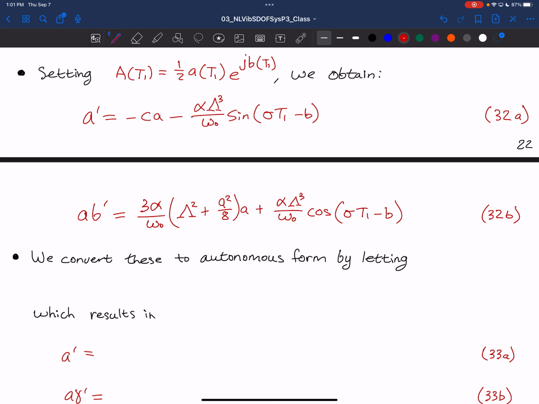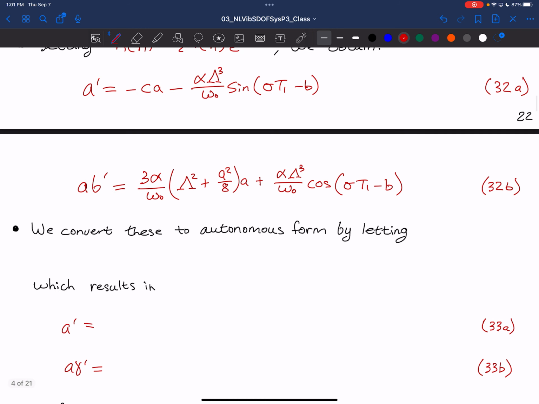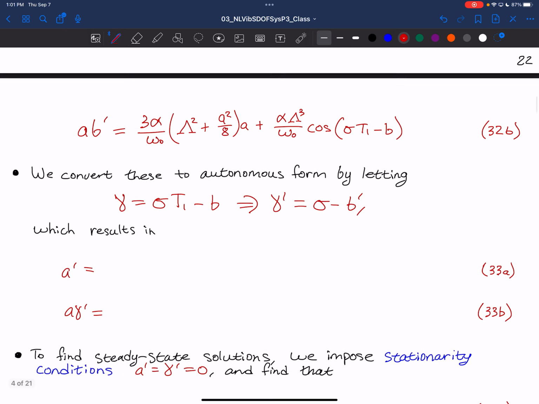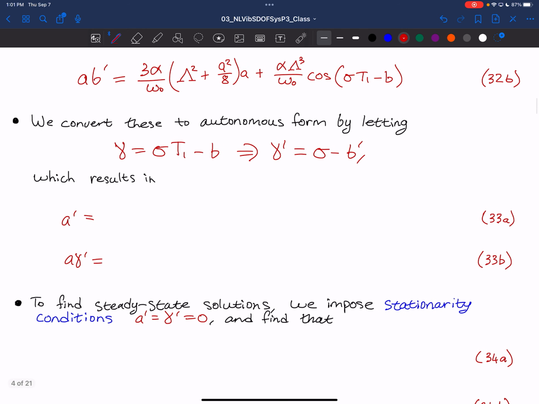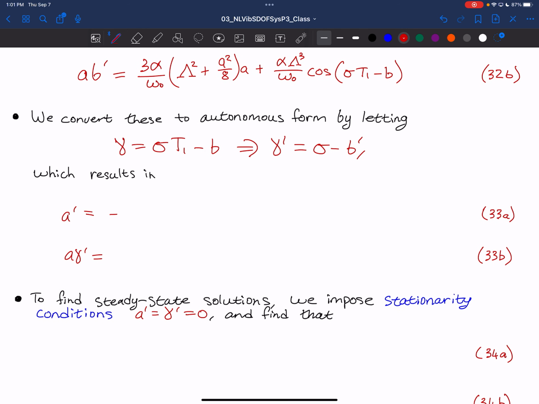So from here, we're going to want to convert this into an autonomous form, just like we've done previously. And to do that, we're going to say that gamma is equal to sigma t1 minus b, and then gamma prime will be equal to sigma minus b prime. And this then results in the following two equations. A prime is equal to minus cA minus alpha lambda cubed divided by omega 0 times the sine of gamma.